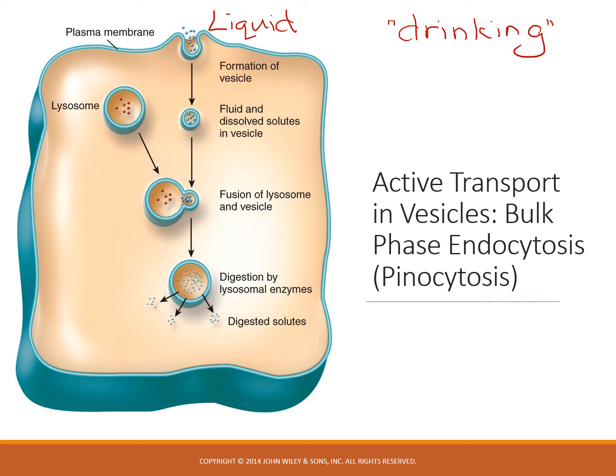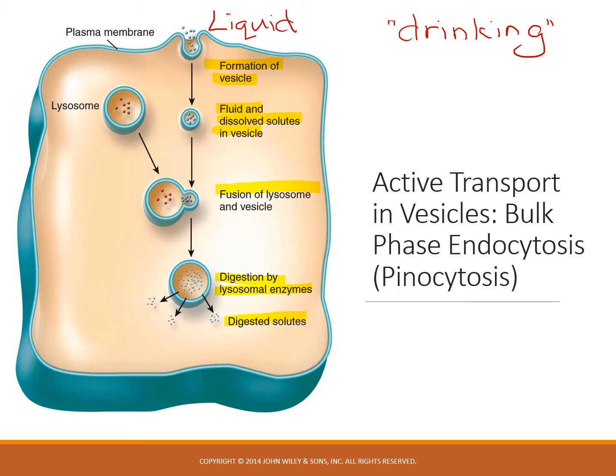Otherwise, it's pretty well the same process. We're going to have this formation of a vesicle, that endocytosis there. The fluid and dissolved solutes move within the vesicle throughout the cell. They fuse with the lysosome. Everything that's in there is digested by those enzymes, and then the cell uses whatever they can use out of those digested products.